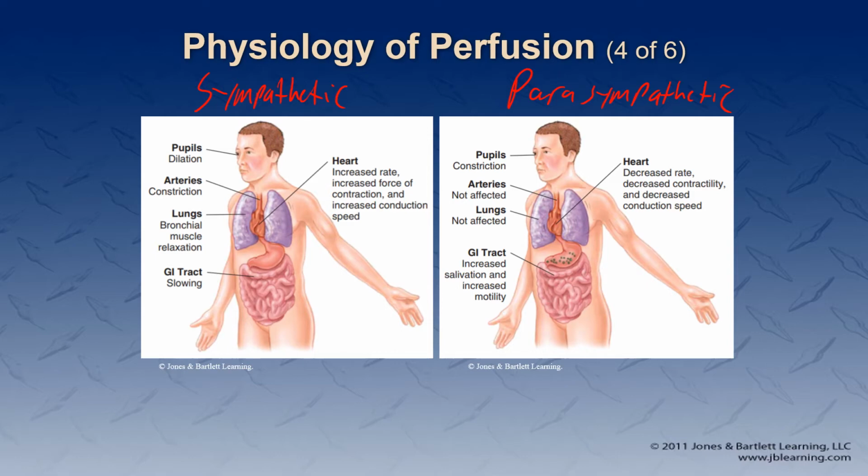You're going to get slowing of the GI tract, because your body's not going to want to burn energy on digestion at this point in time. Then your heart is going to beat faster. It's going to squeeze harder, and it's going to be more apt to conduct electrical signals. So the signals are going to get transduced faster, and the heart will reset faster under sympathetic signaling.